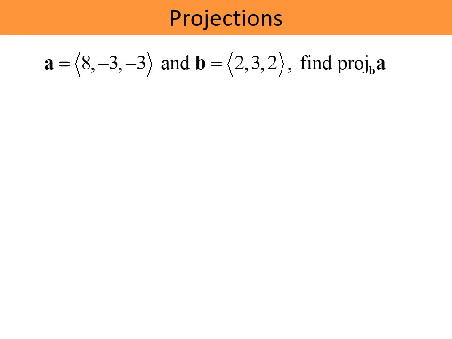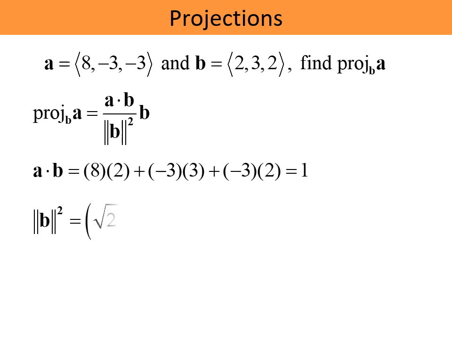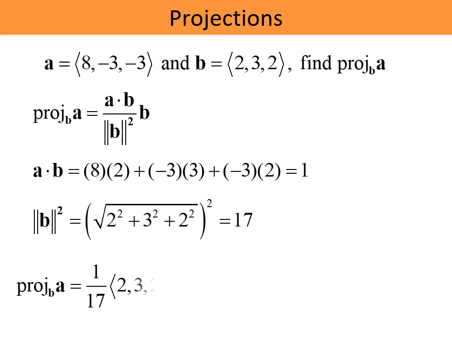So if we're going to be projecting A onto B, that means our formula has to have something multiplied by B. That would be the dot product divided by the magnitude of B squared. And so again, we just do all of those calculations, and we get the projection of A onto B, which is this vector.